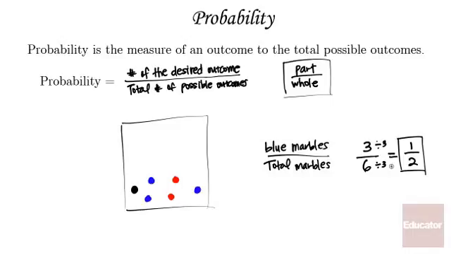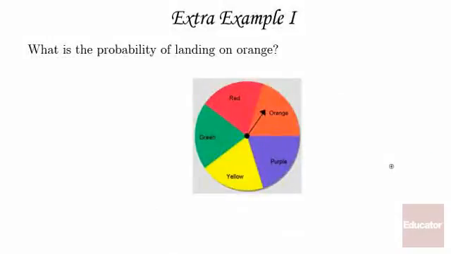Okay, so let's go over some examples. The first example. What is the probability of landing on orange? Here I have a pie chart that's divided up into 5 different colors: orange, purple, yellow, green, red.